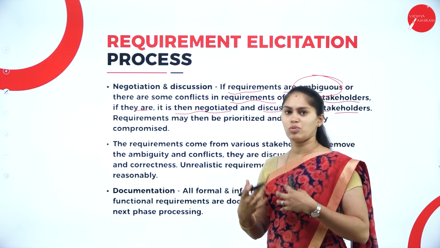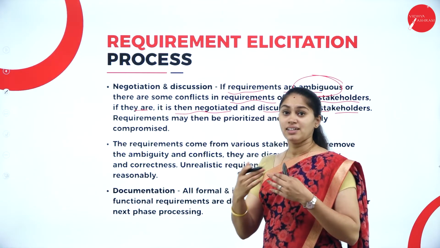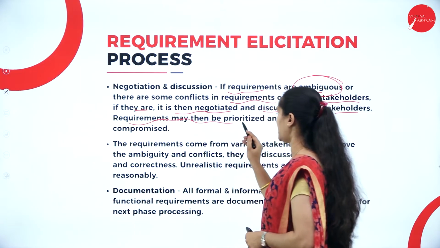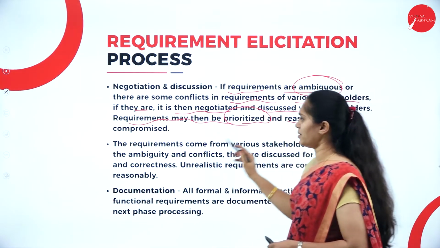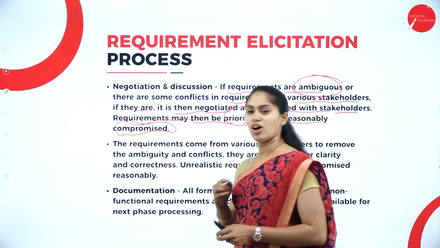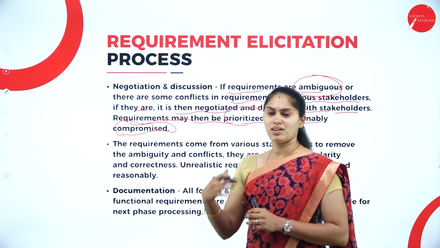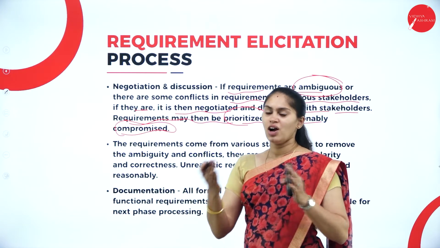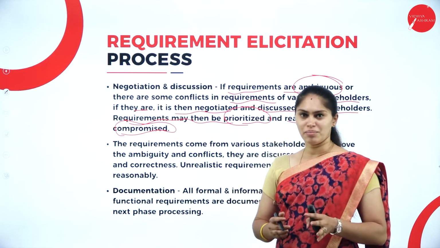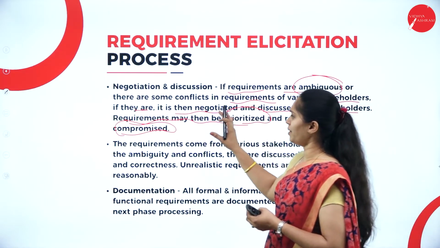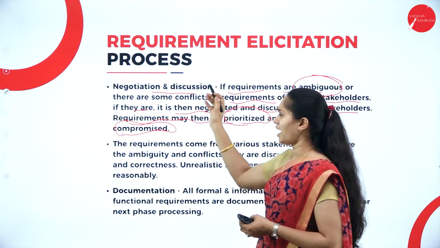They will call all the stakeholders or customers, then discuss with each other. After the negotiation, the requirements may be prioritized and reasonably compromised, so that after a discussion or conversation, either the developer or analyst should compromise, or even the stakeholder should compromise on certain functionality or features. So that is done in the negotiation and discussion.